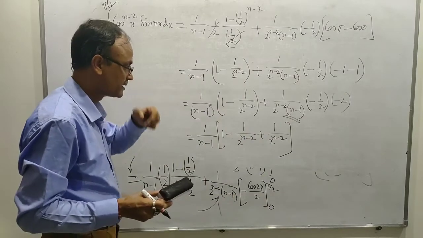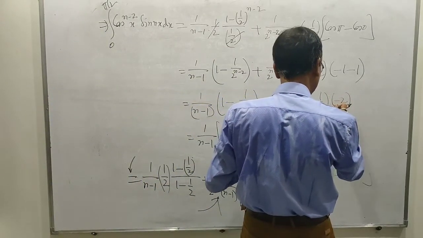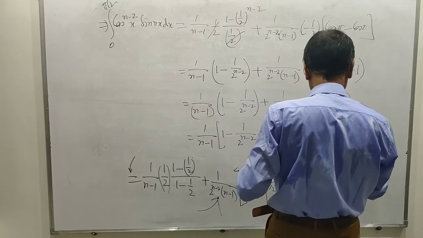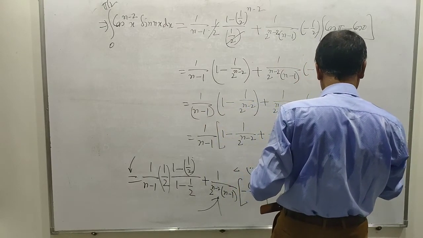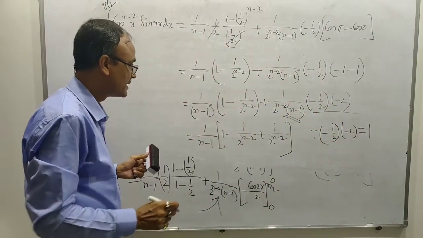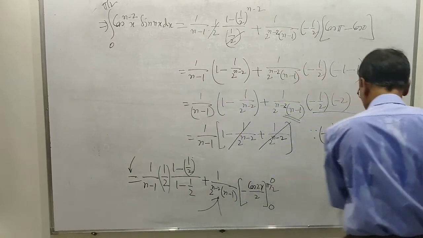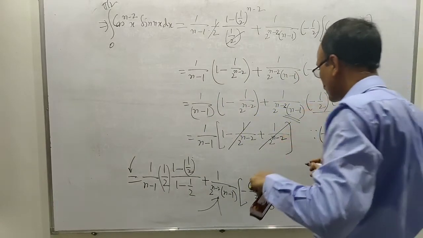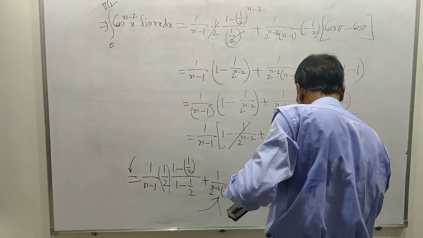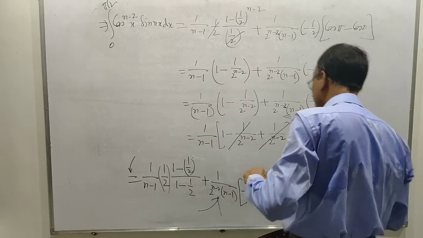1 by n minus 1, if it is common, then this term will be cancelled, minus 1. Since minus half into minus 2 equal to 1, this is equal to 1. These two terms will be cancelled. And this term will be equal to 1 by n minus 1.